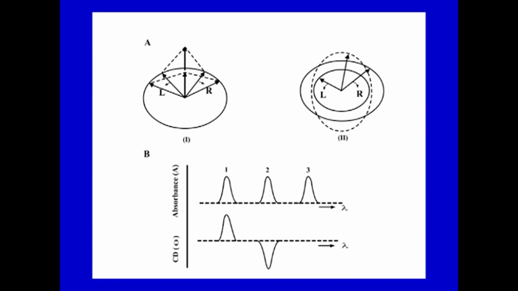So, here right is more absorbed than left, here left is more absorbed than right, and this is achiral. These kinds of patterns are seen in CD as compared to the absorption spectrum, and if these components are different, then certainly elliptically polarized light is obtained.